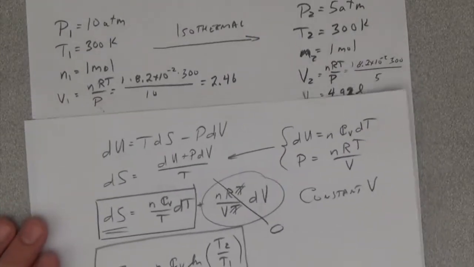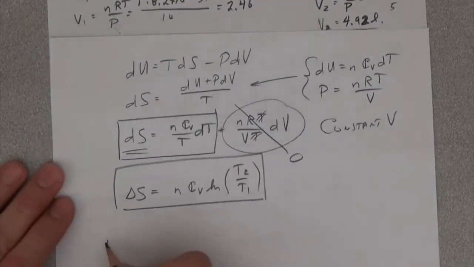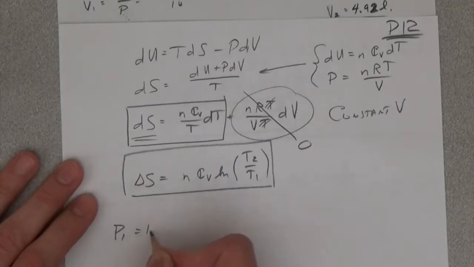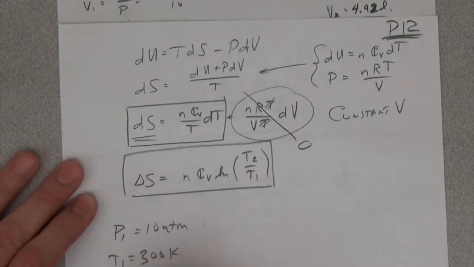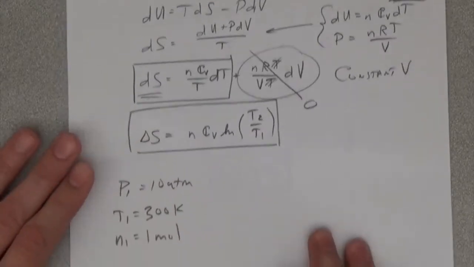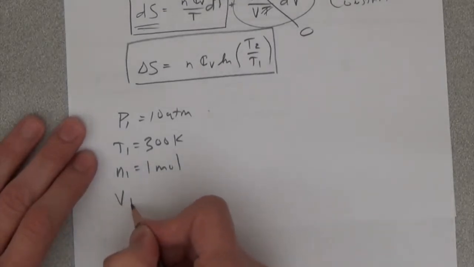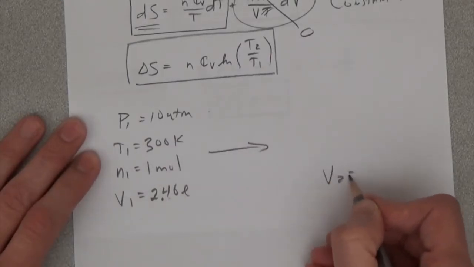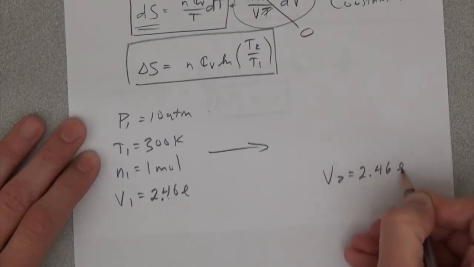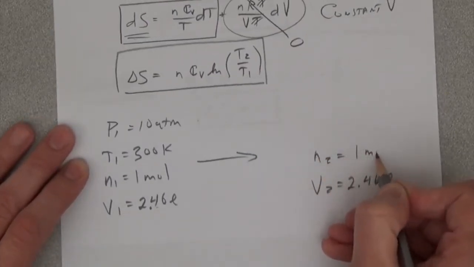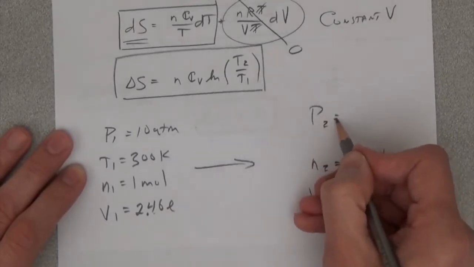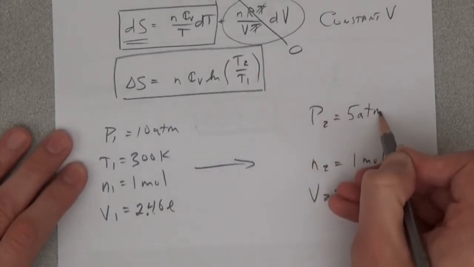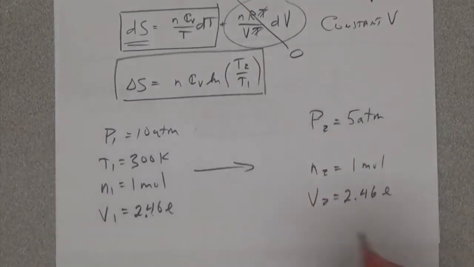So T1 is equal to 300, n1 is equal to 1 mole, V1 is equal to 2.46 liter, constant volume, so V2 is equal to 2.46 liter, n2 is still equal to 1 mole, P2 is now equal to 5 atm. That's the problem statement.